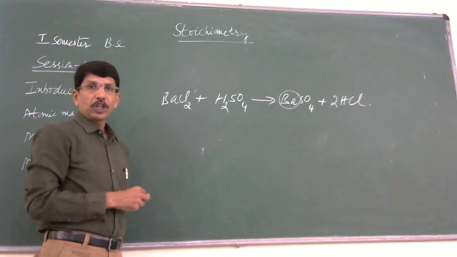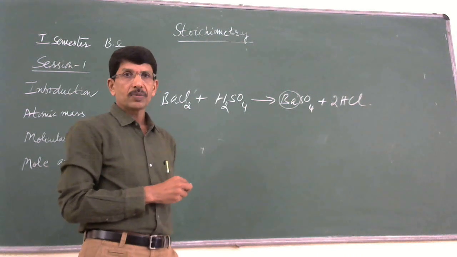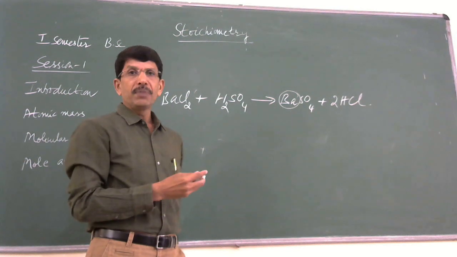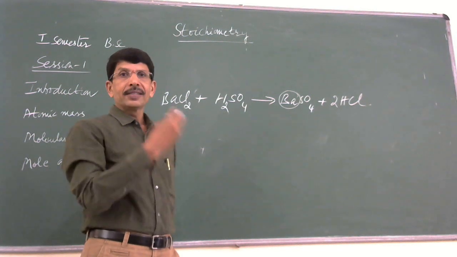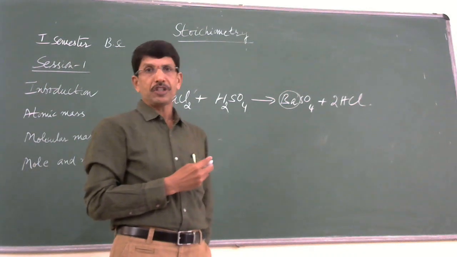Because, as I said, stoichiometry is nothing but the quantitative study of the reactants and products involved in a chemical reaction. In stoichiometry, we measure or study the amounts of reactants and products taking part in a reaction.